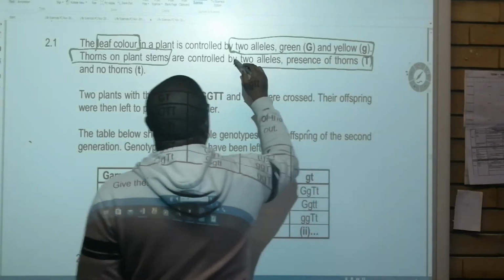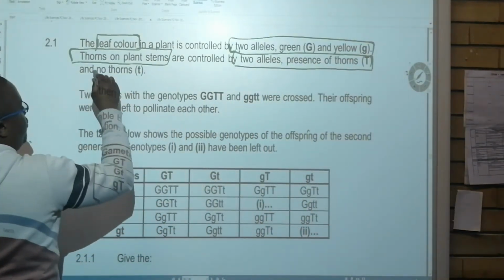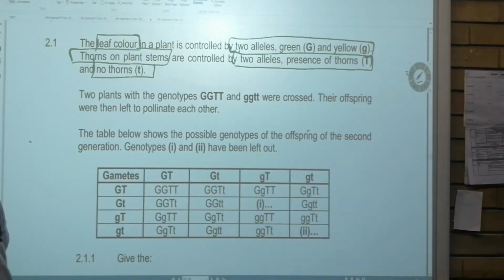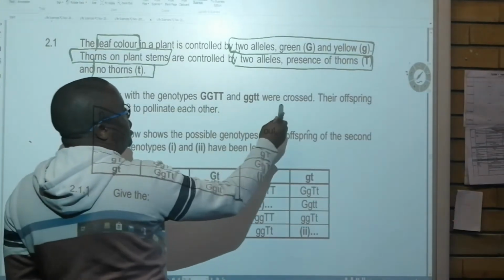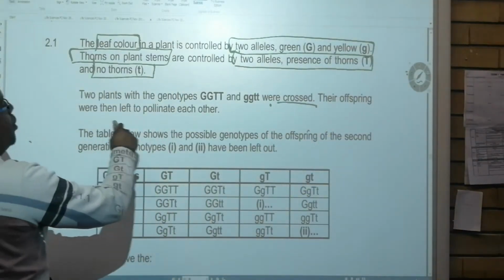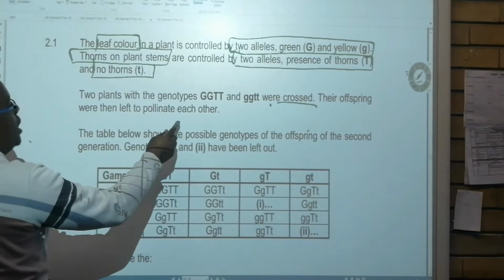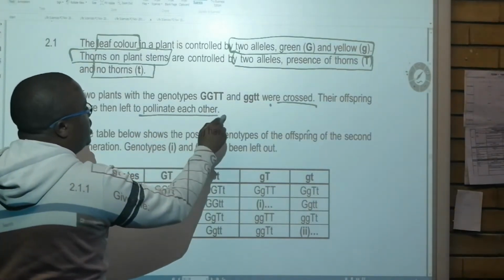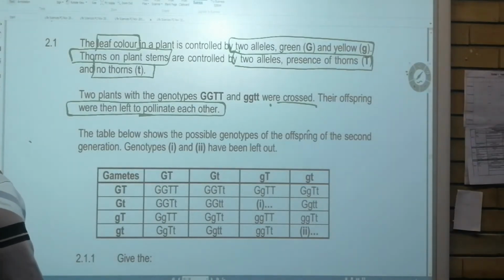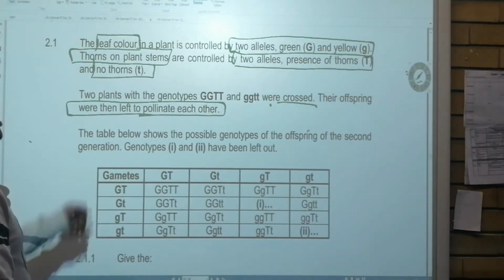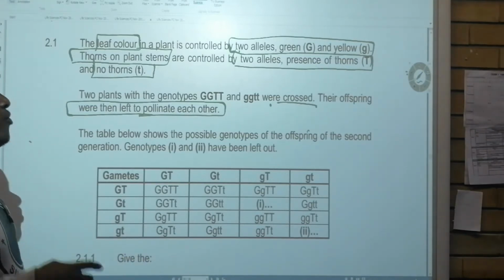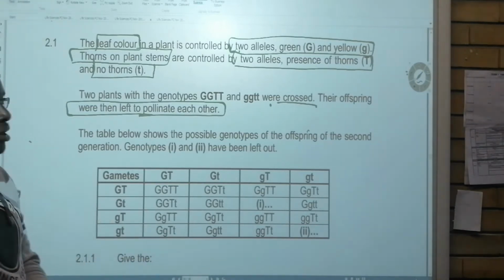Presence of thorns and having no thorns. 2 plants with this genotype were crossed, and then the offspring were left to pollinate each other. The table below shows the genotypes of the offspring of the second generation.